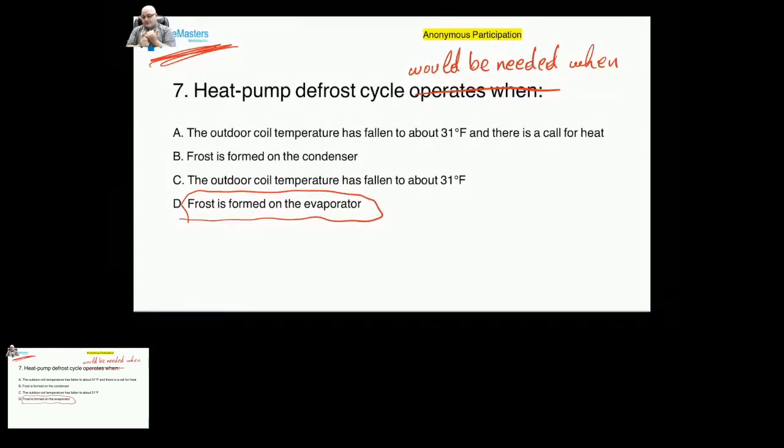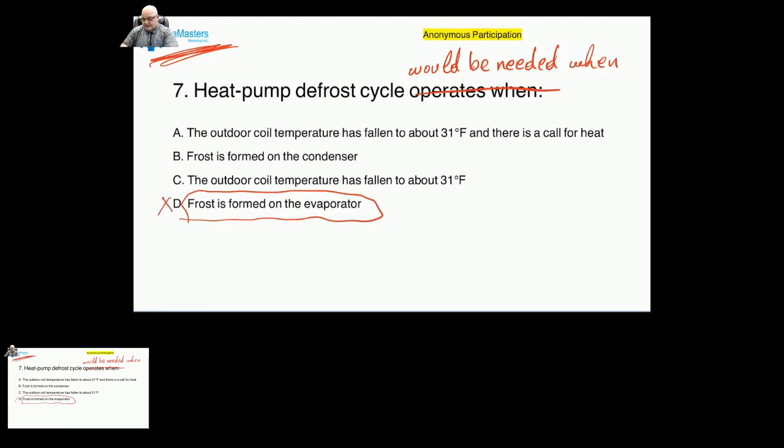We can say the temperature of the outdoor coil is below 32 degrees Fahrenheit, above 32 degrees Fahrenheit, or at 32 degrees Fahrenheit, but we cannot in a way detect frost like that, or at least I am not aware of a technology.